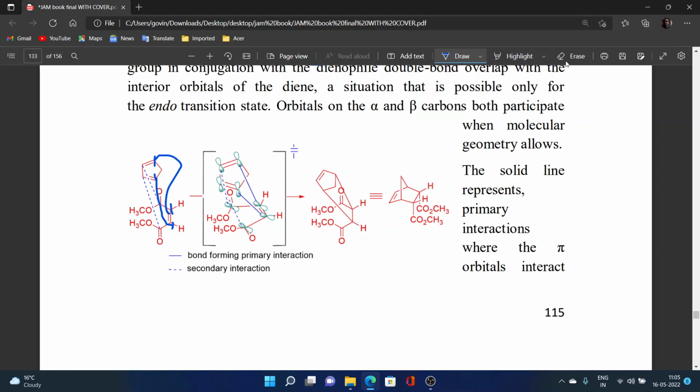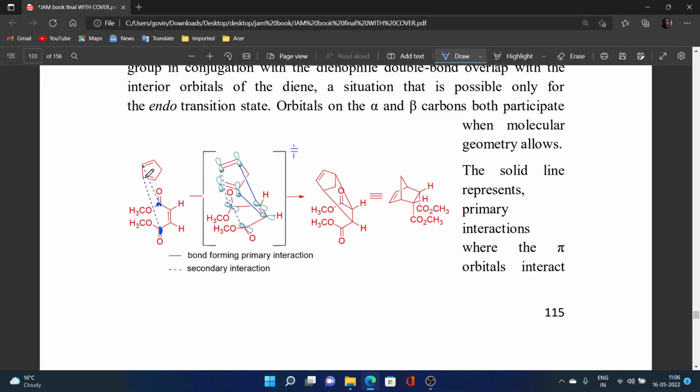But there is what is called secondary orbital assistance, just now what we talked about. So there is a p orbital on this carbonyl. This is the ester carbonyl group, okay. So this part and this part will also interact with the neighboring carbon. So you can see here this interacts with it, and this orbital also interacts with it.